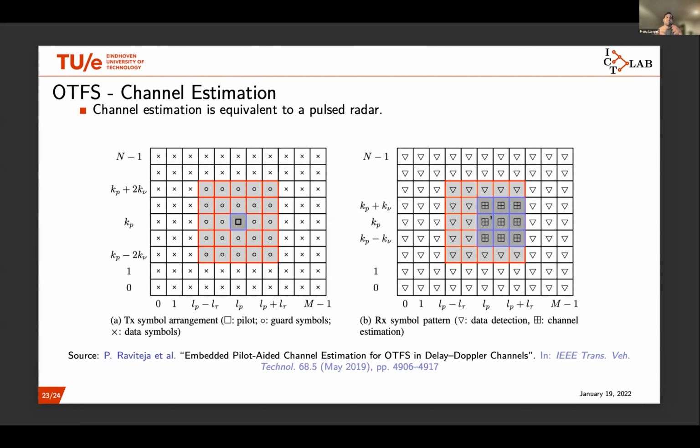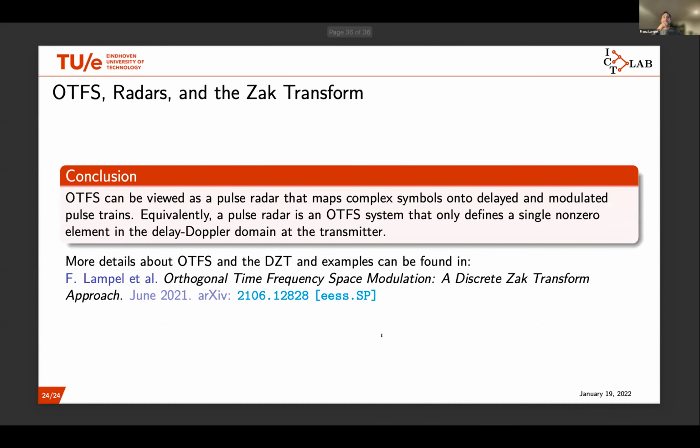Whereas in radars, you want to use this entire grid to see the spread and determine where some reflectors are, because they give you the range and Doppler information. To conclude my talk, I hope to give you a different point of view, because I think this Zak transform idea is very intuitive and gives you a good understanding.